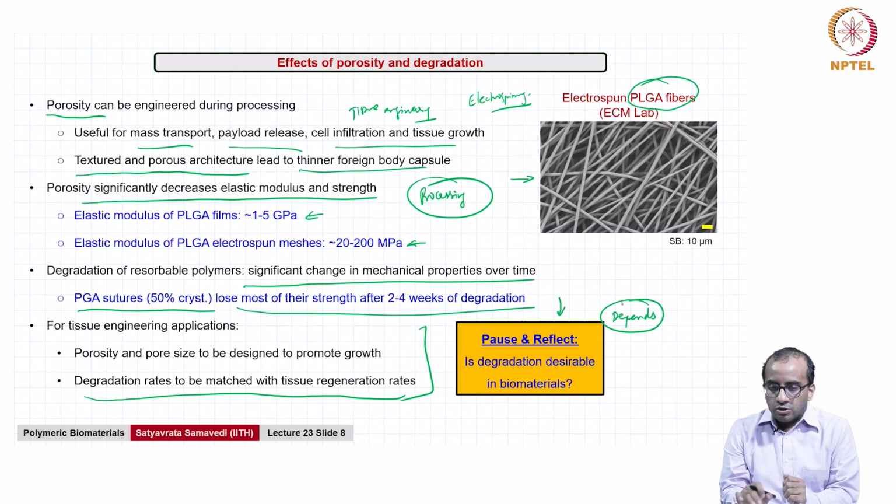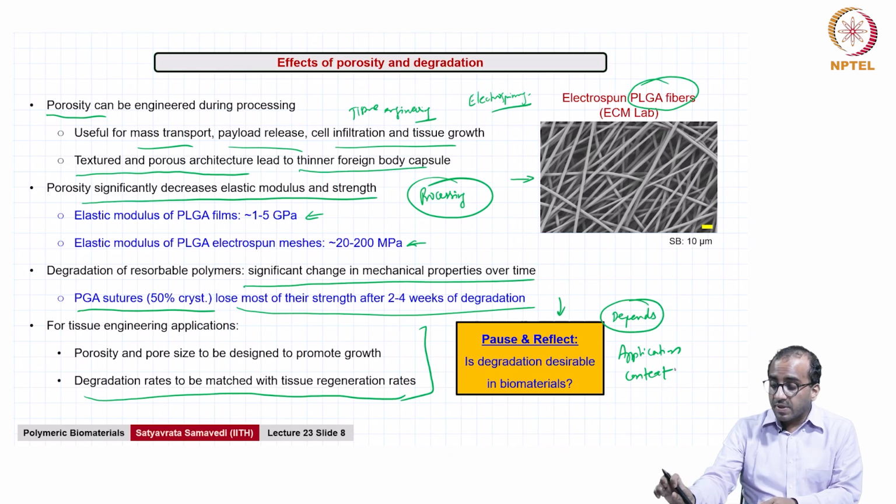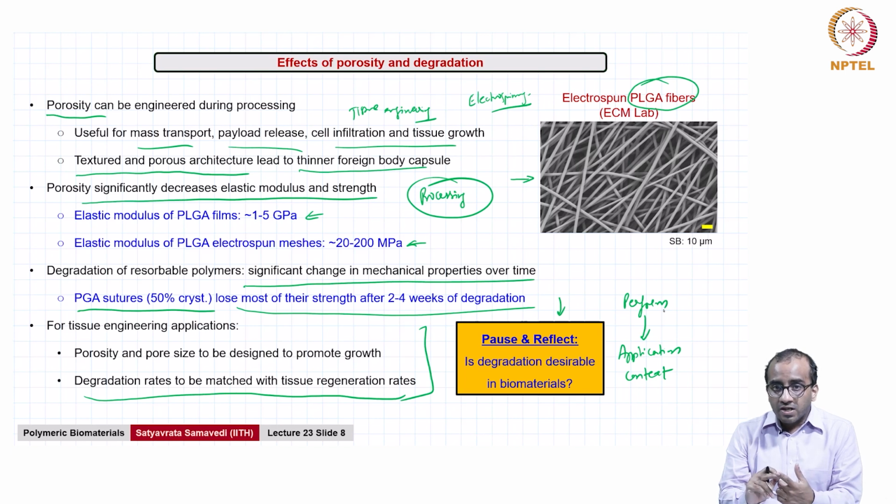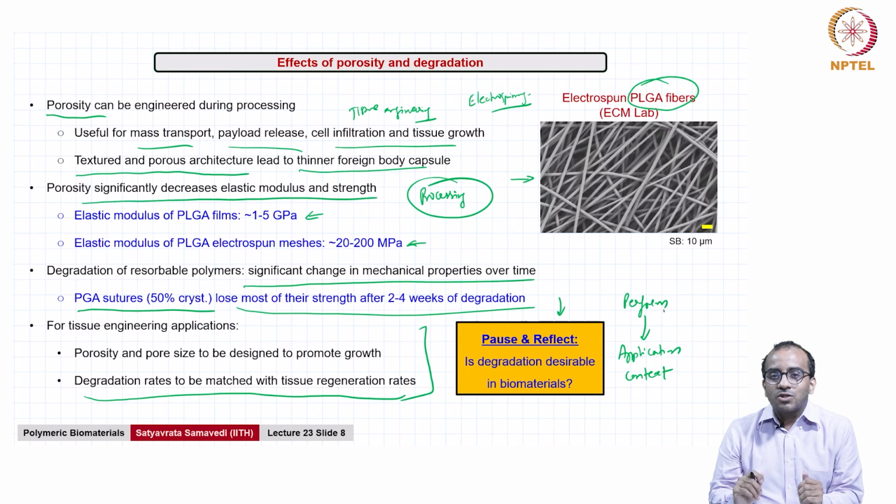So, the short answer to this question is this entirely depends on what your application context is and how the material is expected to perform in that application. And when we say perform, two other things should come right away apart from the intrinsic properties of the material.